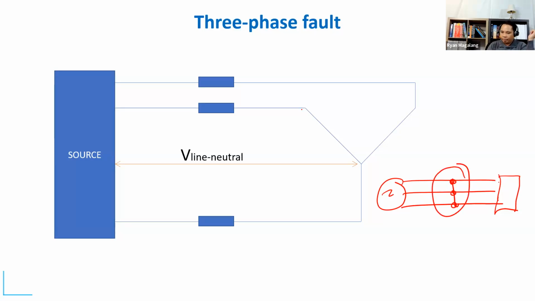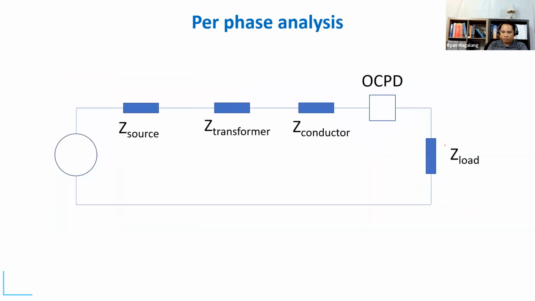So you could think about it as a Y connected fault, and that makes this three-phase fault easier to deal with because we could calculate it as a per phase analysis, such as this one here.